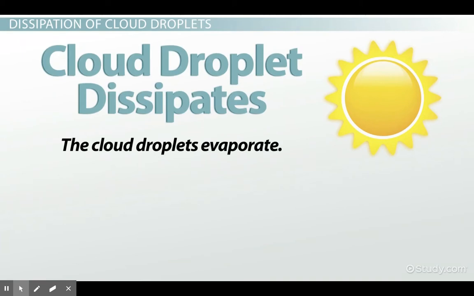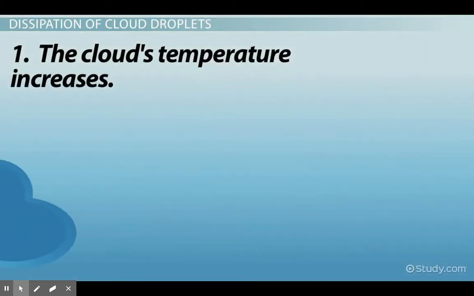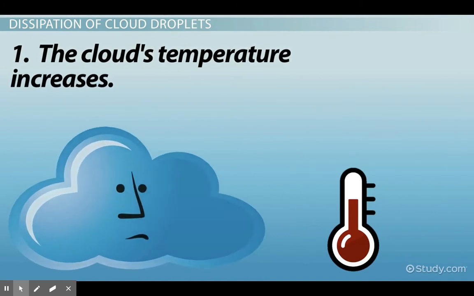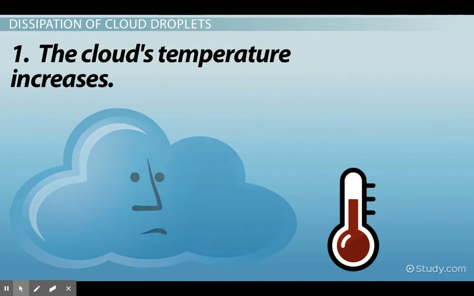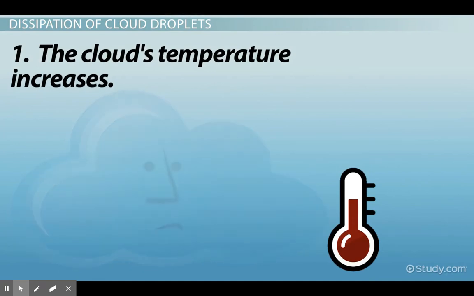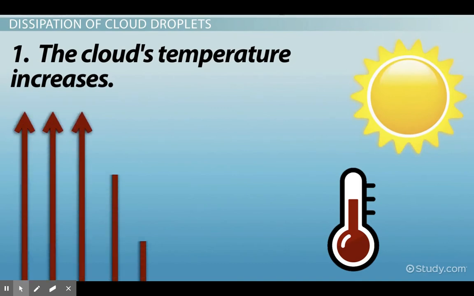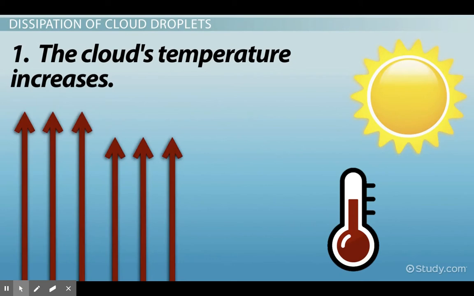I'm so glad you asked. Number 1, the cloud's temperature increases. When the temperature of the cloud increases, water evaporates at a faster rate, so Wally is more likely to evaporate. Many things can increase the temperature of the cloud, like the sun or warm air radiating off of the ground. That's why low fog and clouds tend to disappear as it warms up during the day.